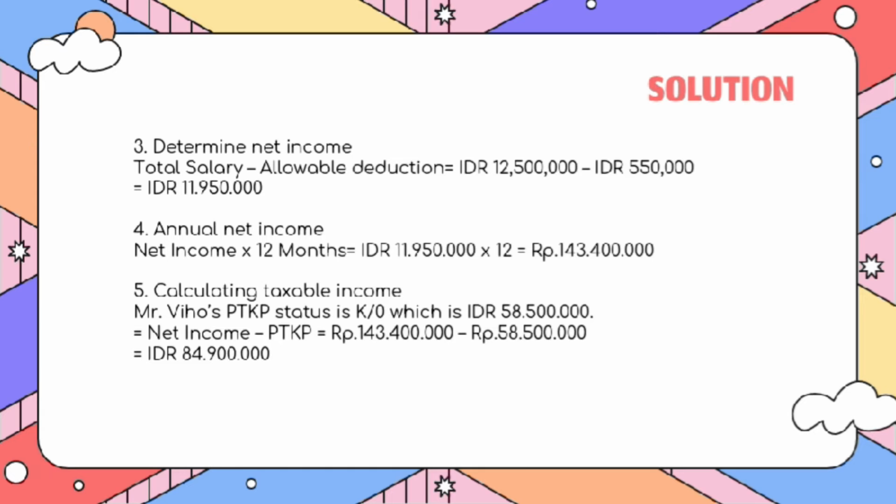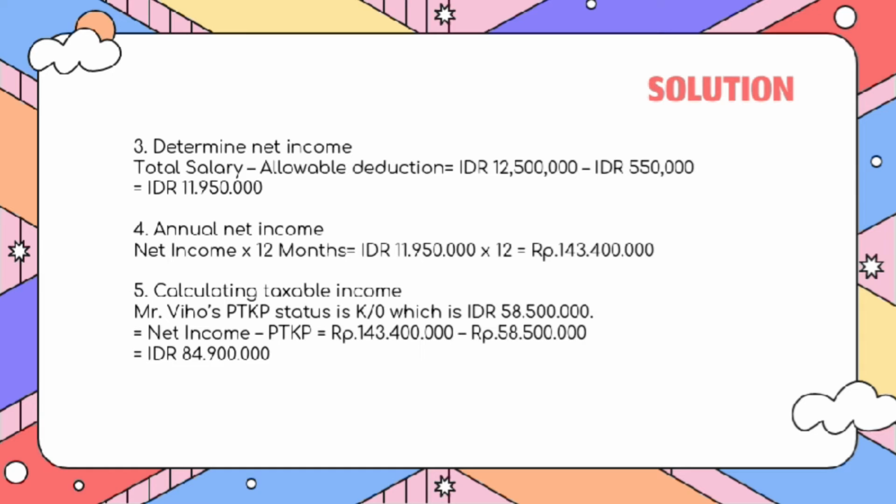The fourth step is to calculate the annual net income. We can get this by multiplying net income by 12 months, which results in 143,400,000 rupiah. Next, we should calculate the taxable income.